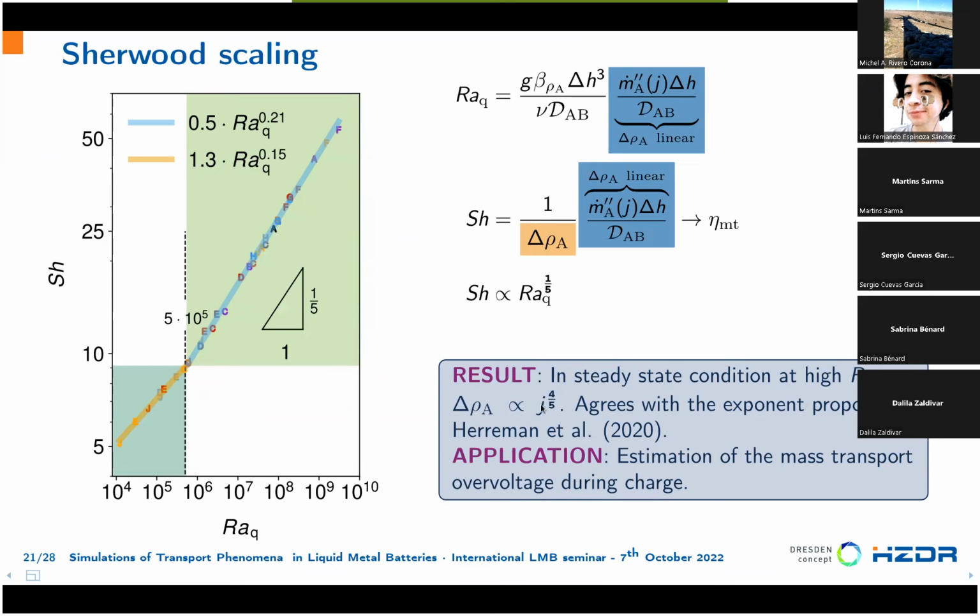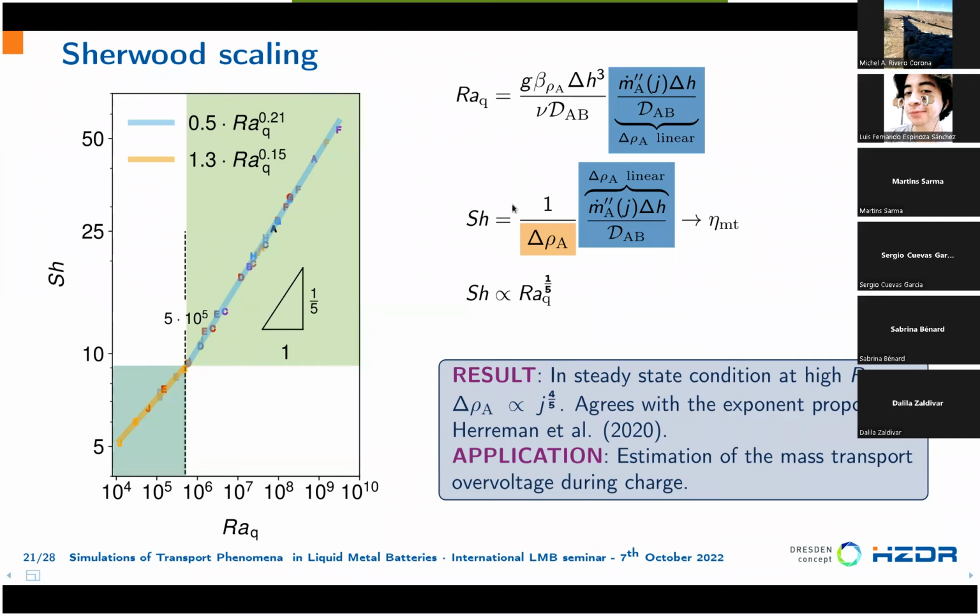And this 1/5 exponent corresponds, at the end, to the concentration difference scaling as the 4/5 exponent of the current density. In this chart, we saw that it scales linearly with the current density. And this exponent agrees very well with the one proposed in Hermann et al. in 2020.